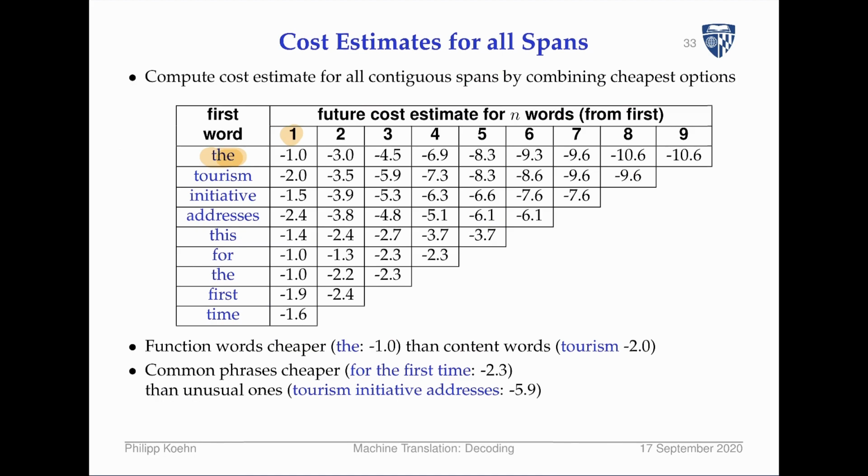So this here is for "the tourism", this is for "the tourism initiative", this is for "the tourism initiative addresses". And here we start with the word "tourism". So all the spans that start with "tourism": just the word "tourism", "tourism initiative", "tourism initiative addresses", and so on. And we basically can pre-compute this.